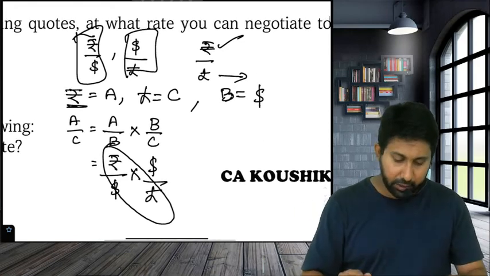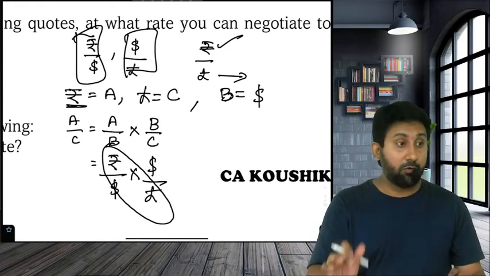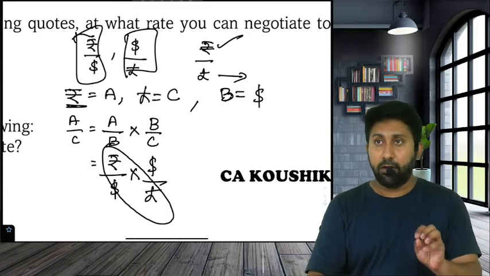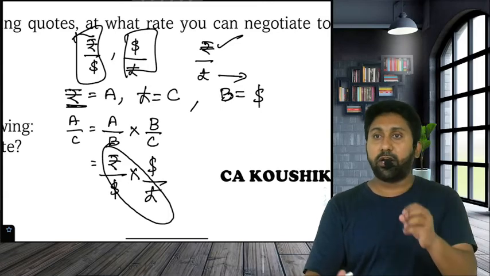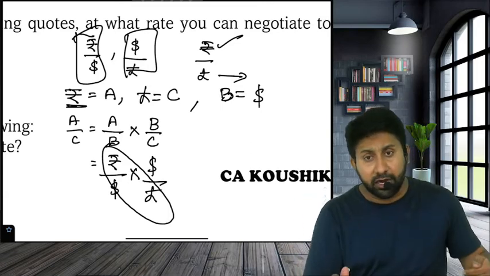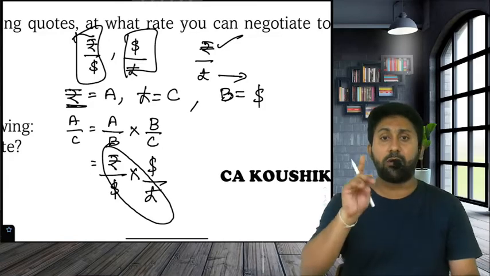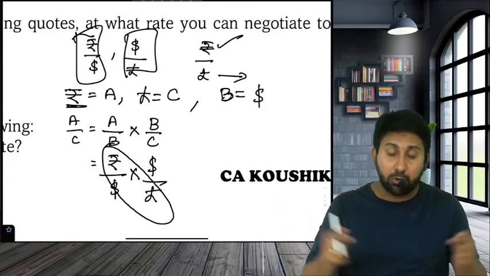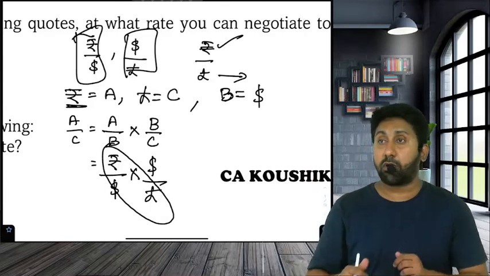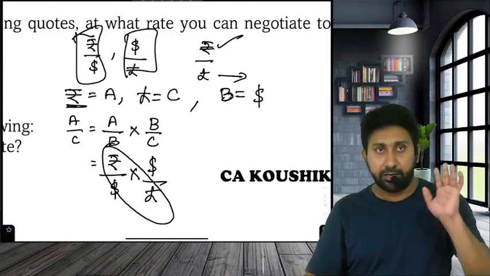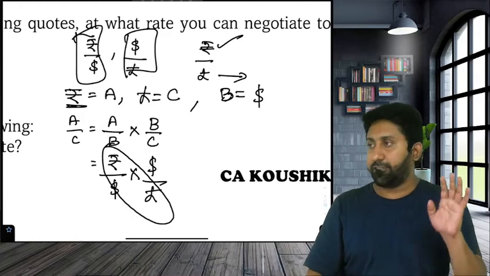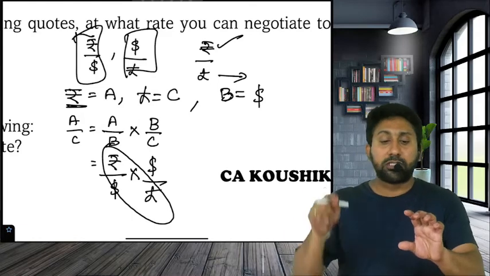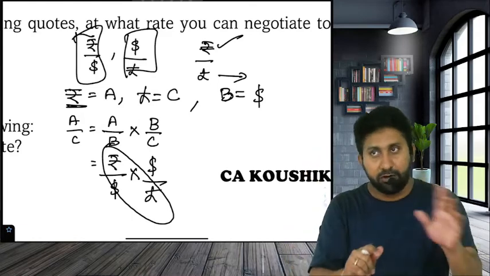So, in a nutshell, what is a cross currency quotation? When two currencies are not quoted for each other, but both are individually quoted against one common currency, then we calculate a quotation between the two unquoted currencies. That itself is called a cross currency quotation. Import and export impact of cross currency we will do in one problem.